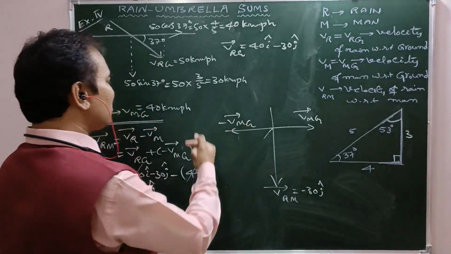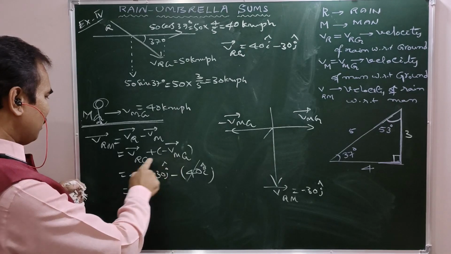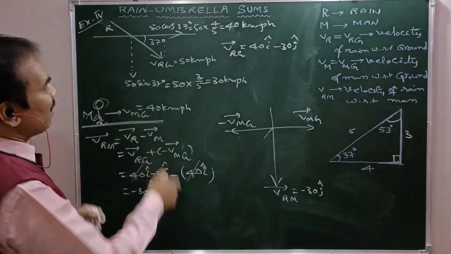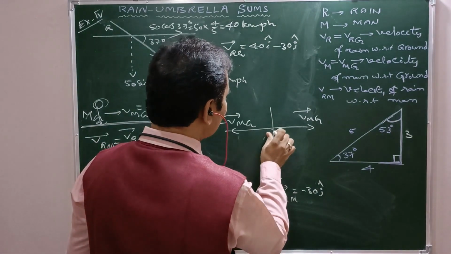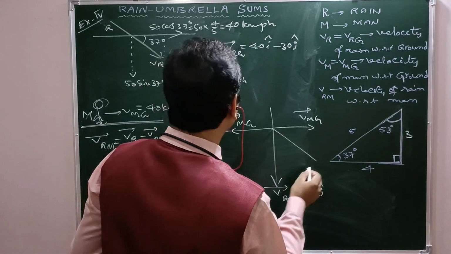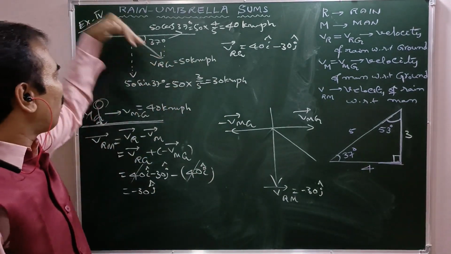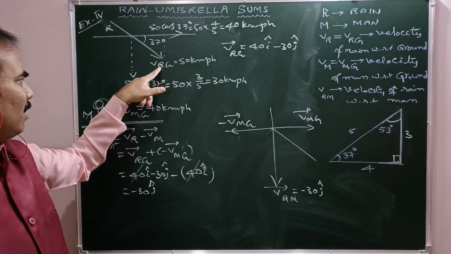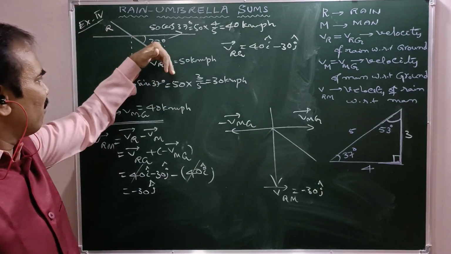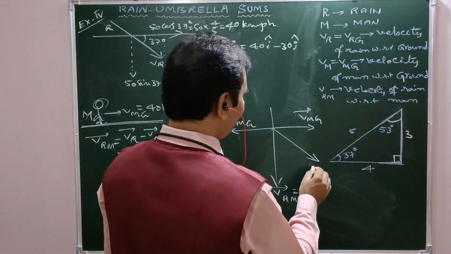VRG is 50 kmph, lying in the fourth quadrant.